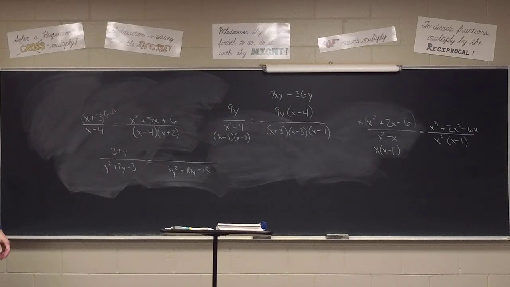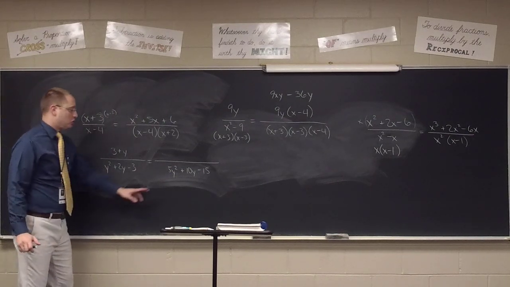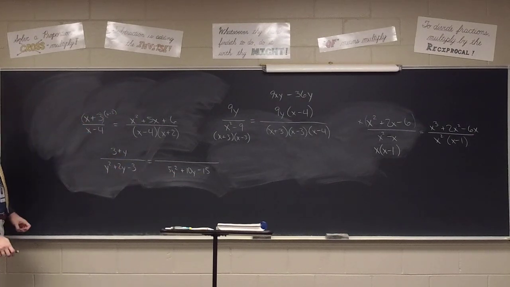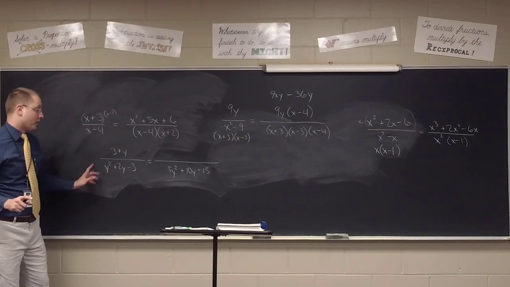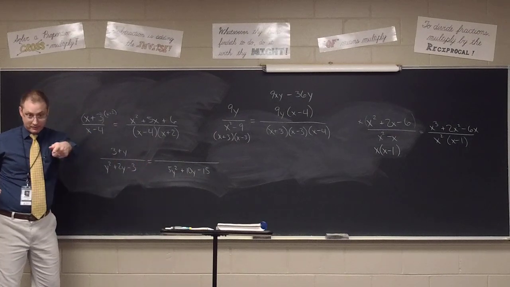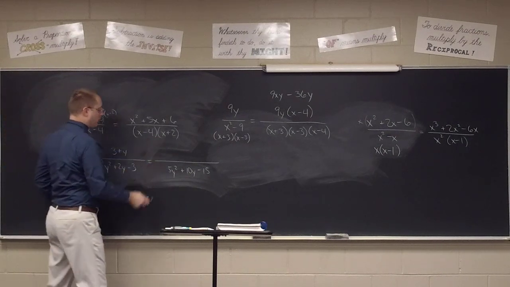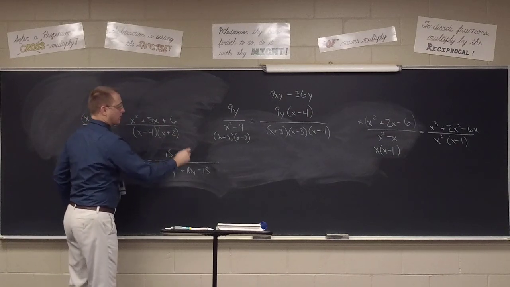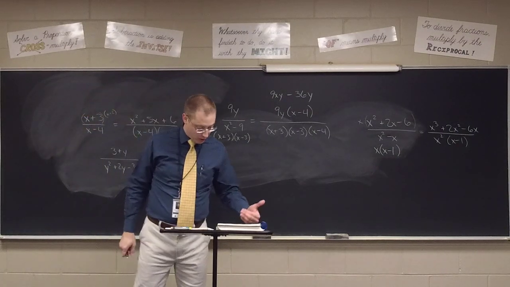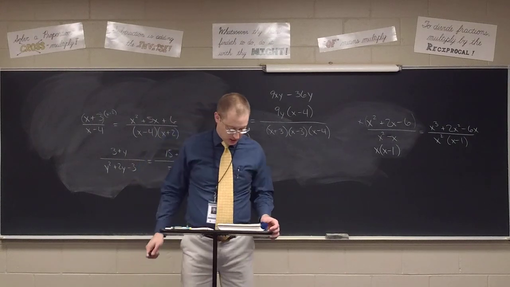And I think Noah can figure it out as well. Noah, from here to here, what changed? 5. Right, you can clearly see a 5 has been distributed all the way through. And if that's been distributed through the bottom, we get a numerator of 15 plus 5y. And there's our answer, the 15 plus 5y over the 5y squared plus 10y minus 15.